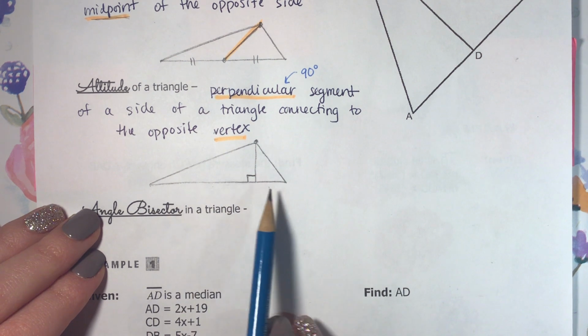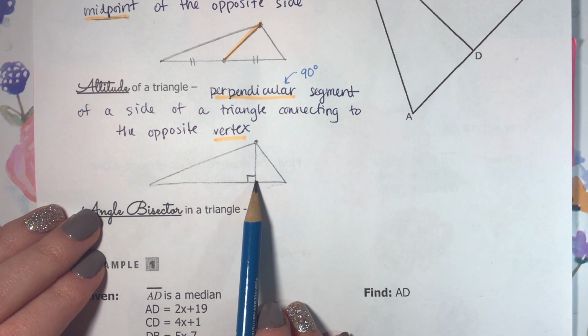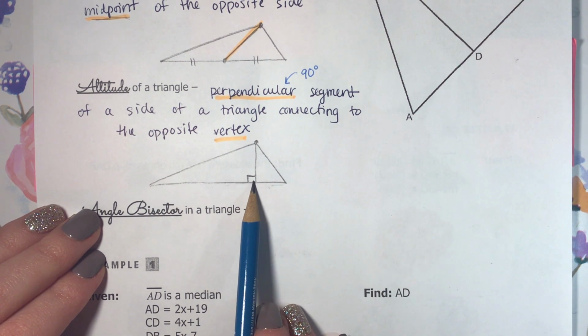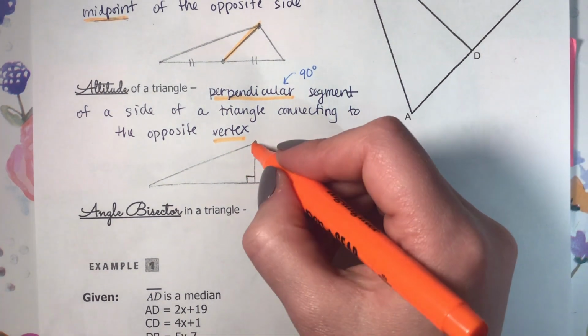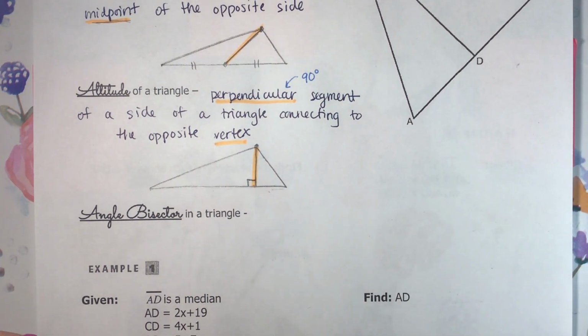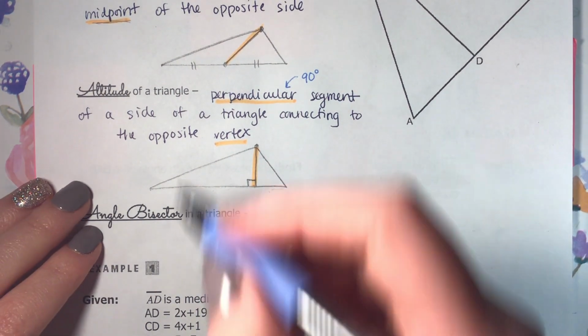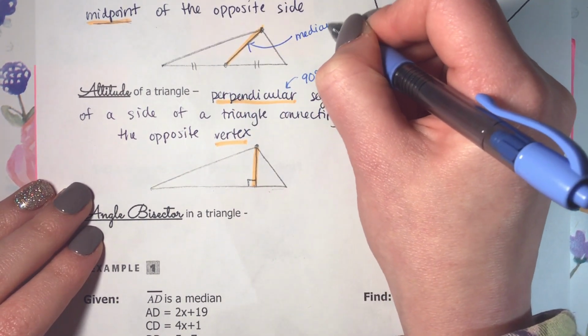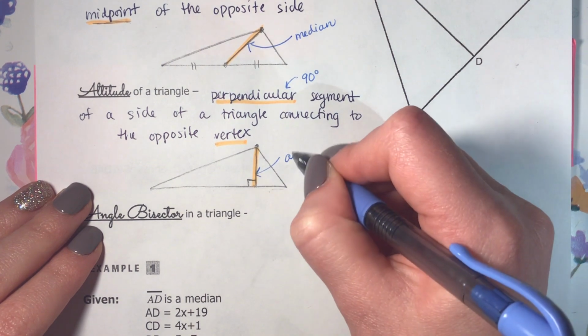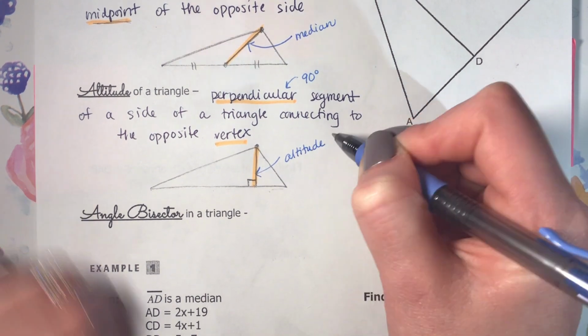This side is clearly longer than this one, but this intersection is special because it's perpendicular or 90 degrees. So this orange line would be the altitude. And actually, let me label that in both of these. So this one is the median. This one is the altitude.